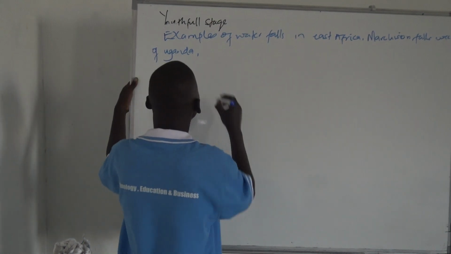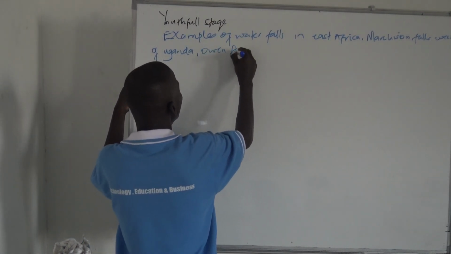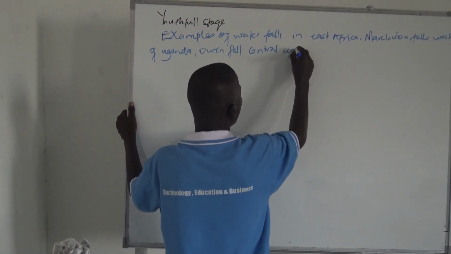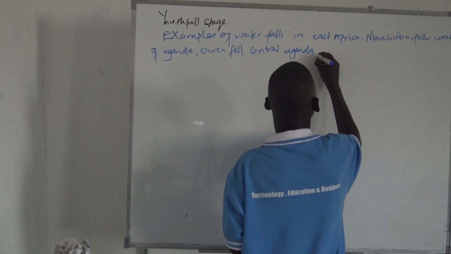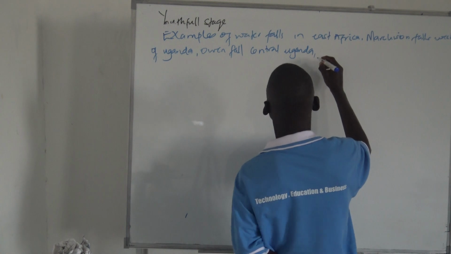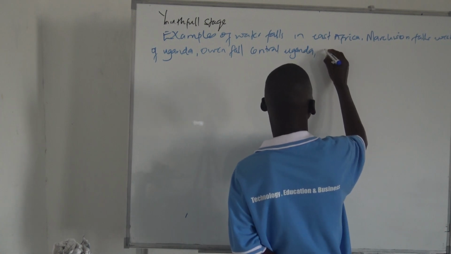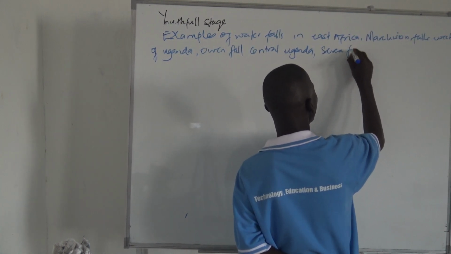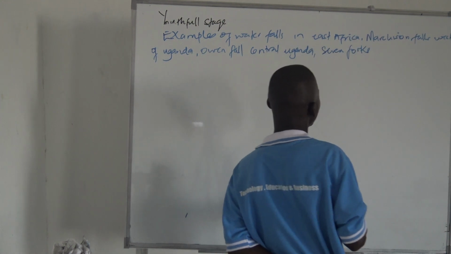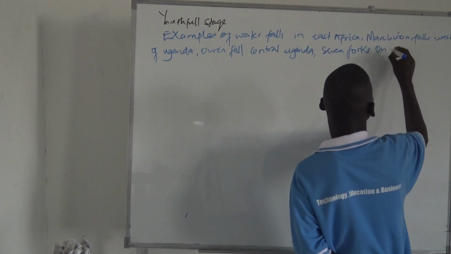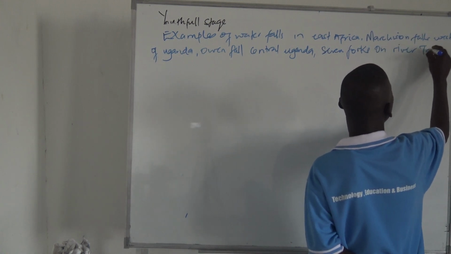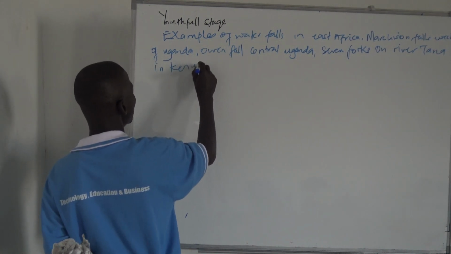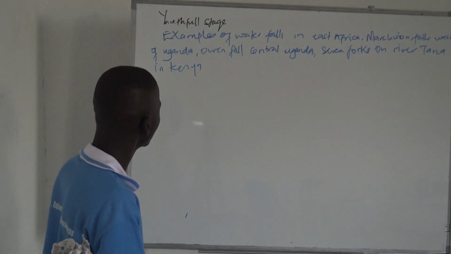We have Owen Falls, in central Uganda. We also have the Seven Forks on River Tana in Kenya, and so many other waterfalls.